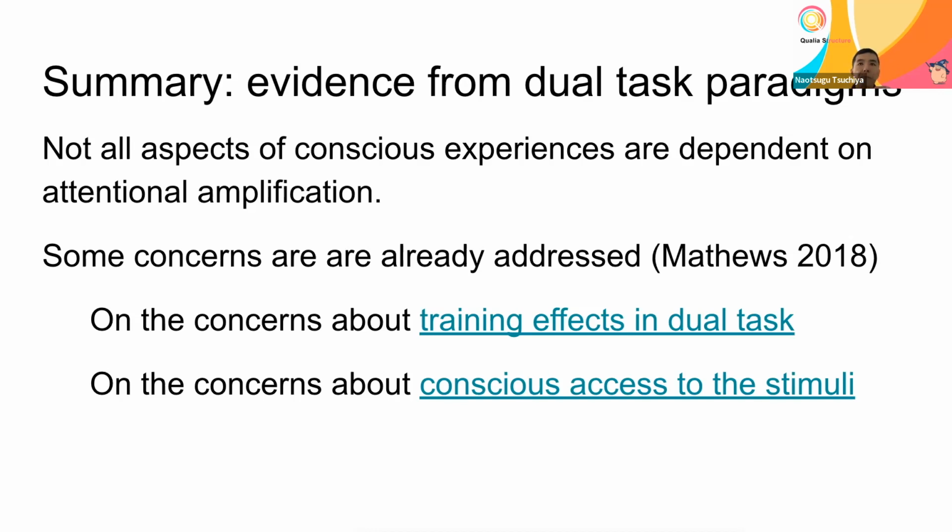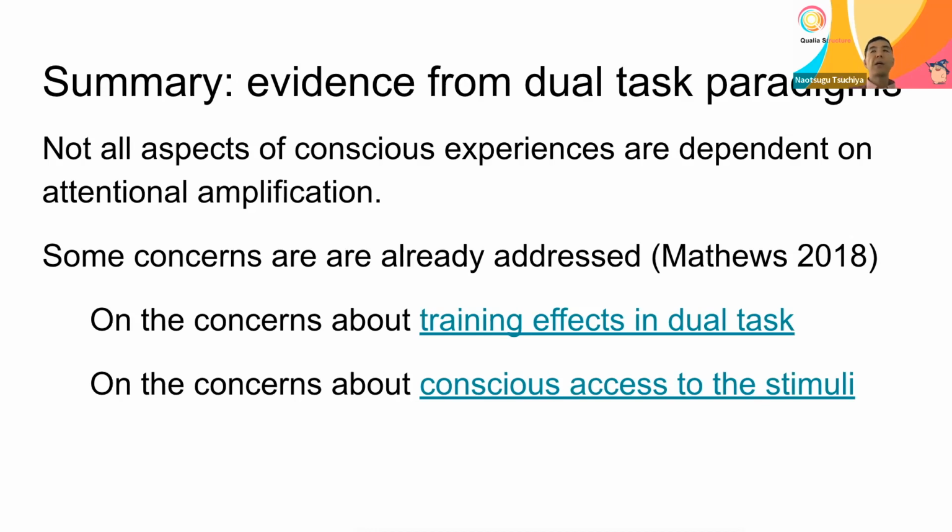But one big remaining question from those people who suspect that conscious experience always depends on attention is that attention may always escape from the dual task at the center.